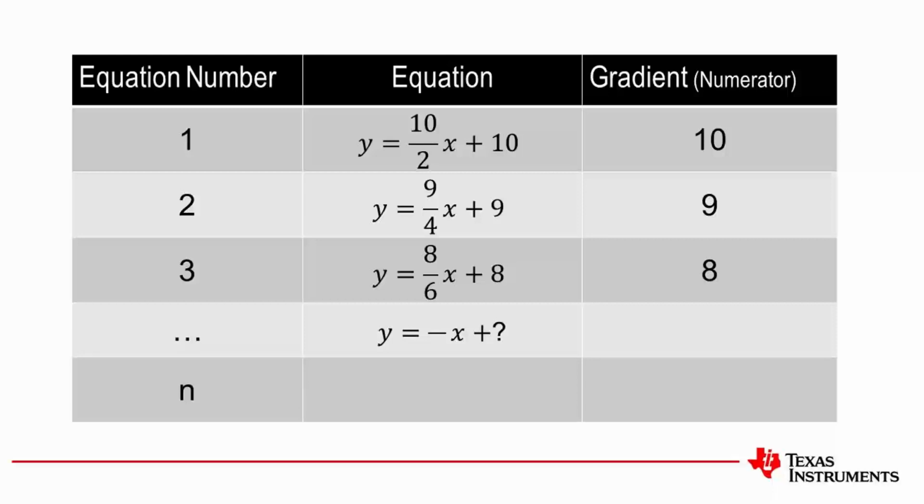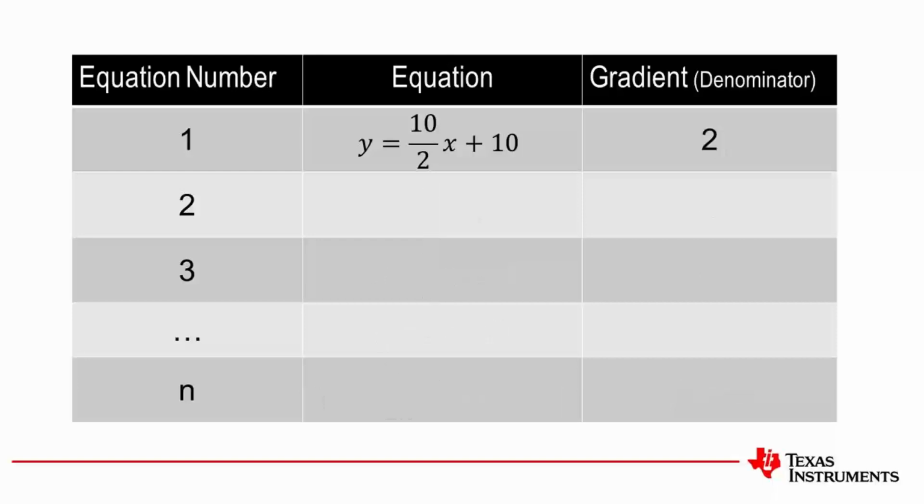So, for the numerator, in the gradient, I can use the same expression as I did for the y-intercept. I can express the numerator as 11 minus n. Now let's have a look at the denominator. It went from 2 to 4 to 6.